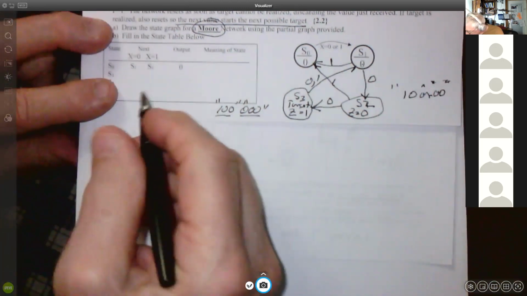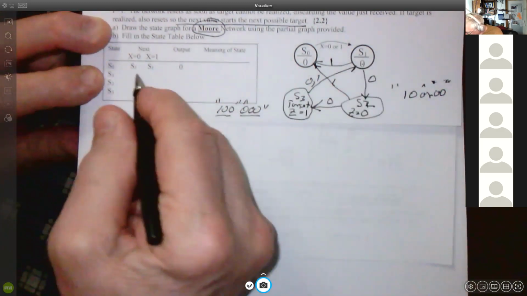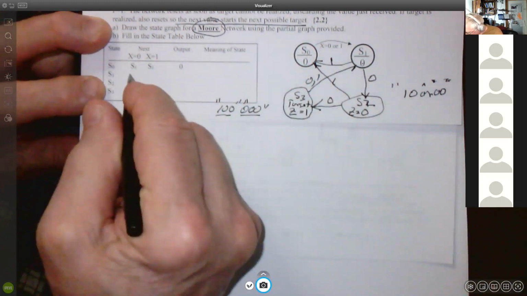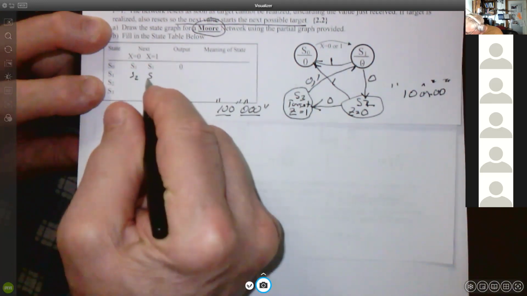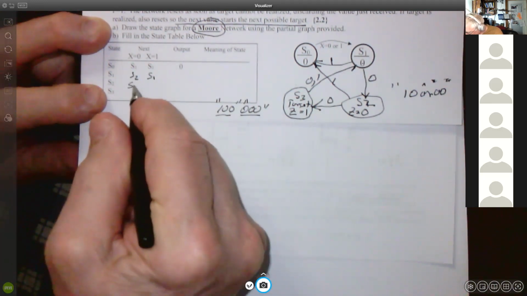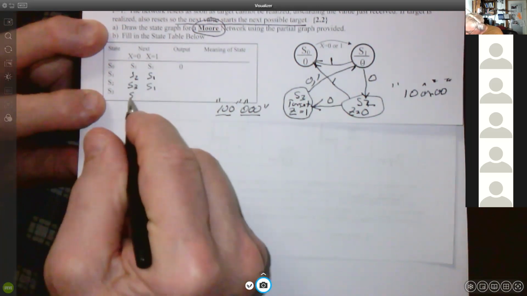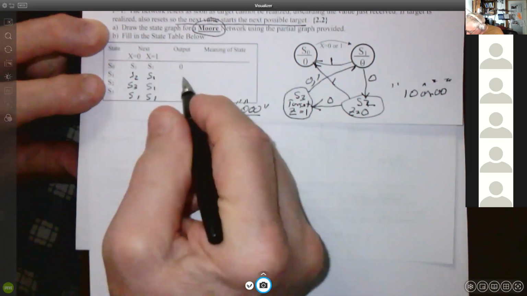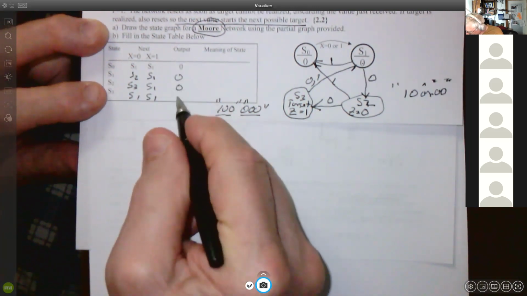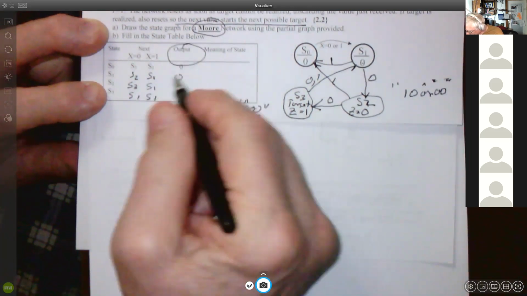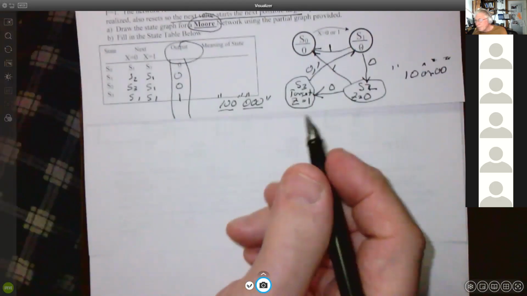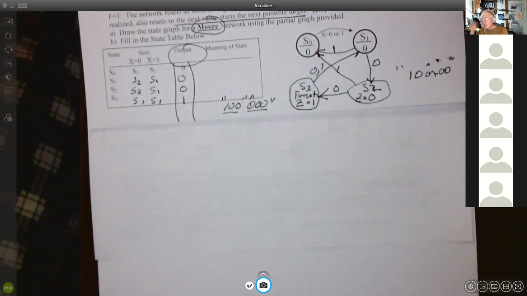Okay, so from S0, we go to S1 regardless. From S1 on a 0, we go to S2, and we go back to S1 on a 1. From S2, we go to S3 on a 0, and back to S1 on a 1. And from S3, we go to S1 regardless. Here we output a 0, here we output a 0, and here we output a 1. Notice there's no X, there's only a single column there because it's a Moore.